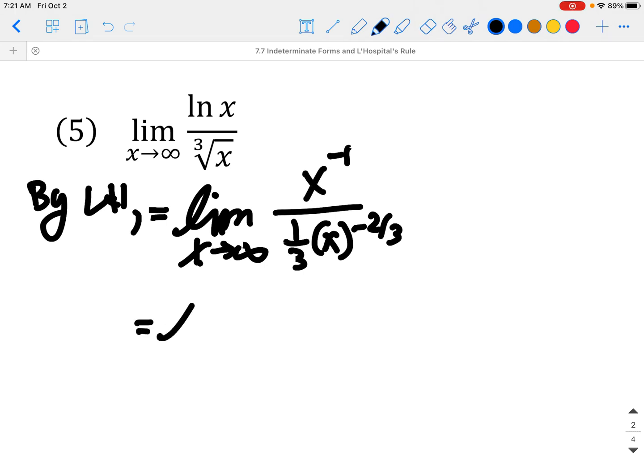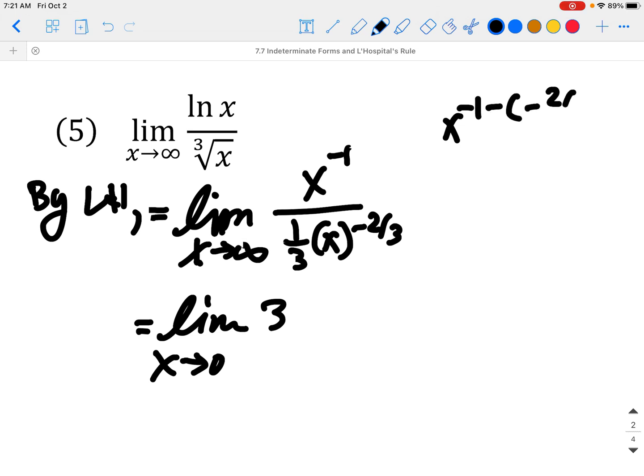So we could then use properties of exponents to try and simplify this a bit. So we're going to get 3, because the 1/3 in the denominator will reciprocate. And then we'll have x to the negative 1 minus negative 2/3, which gives us x to the negative 1/3. So we're going to have x to the negative 1/3.